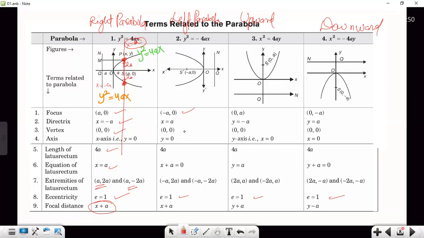The focus becomes negative, the directrix becomes positive, and all lengths remain the same. The equation of the latus rectum changes: x is equal to minus a this time, because the latus rectum is lying in the second and third quadrants, and the signs of the extremities change. Every change is a logical change here.